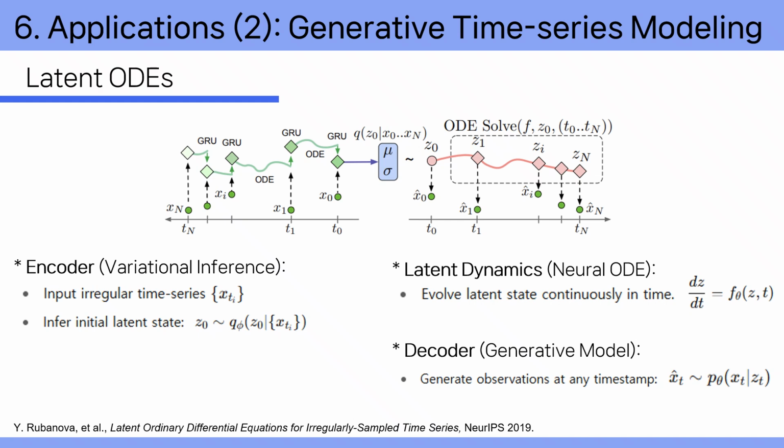The model is trained as a Bayesian autoencoder. The encoder processes the observed sequence and produces an approximate posterior for the initial state. Then, given this initial state and the observation times, an ODE solver computes the latent states at each time point and can even predict values at arbitrary times on a continuous timeline.